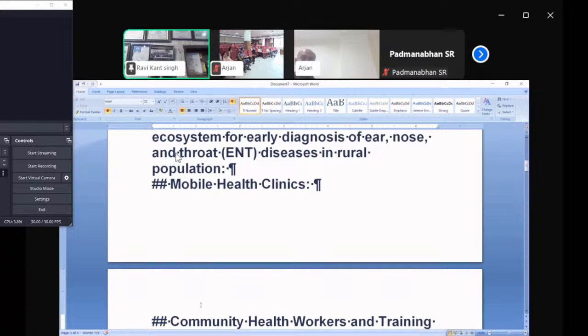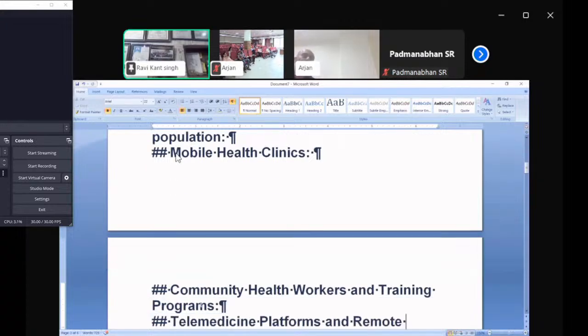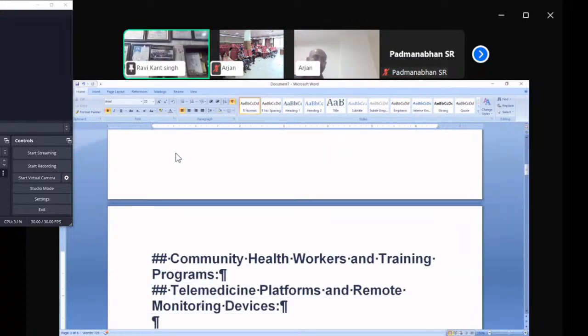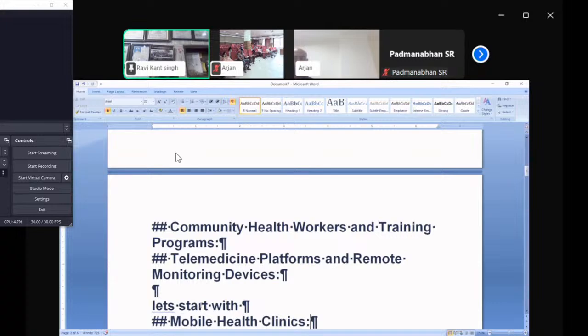I have three innovations for this which I am running: mobile healthcare clinics, community healthcare worker training programs, and a telemedicine platform and report monitoring devices, which are at a small level as per my financial constraints.